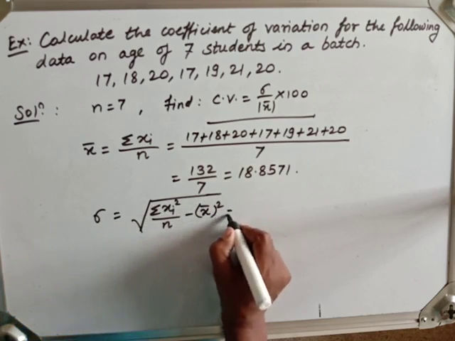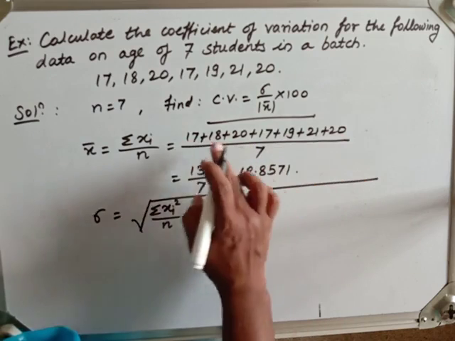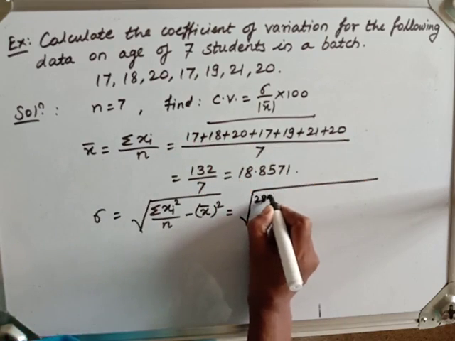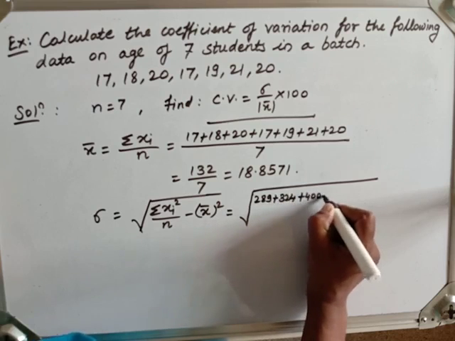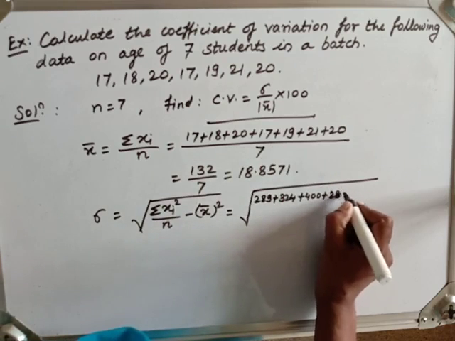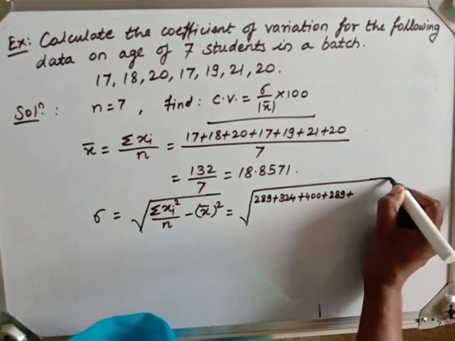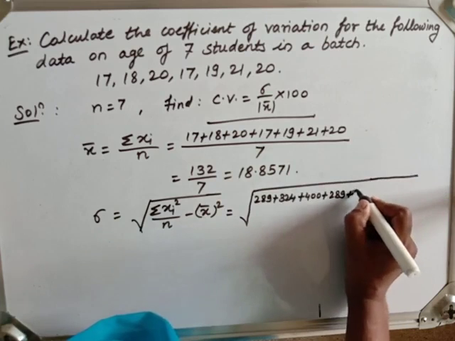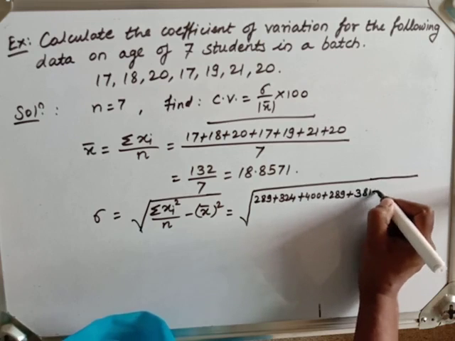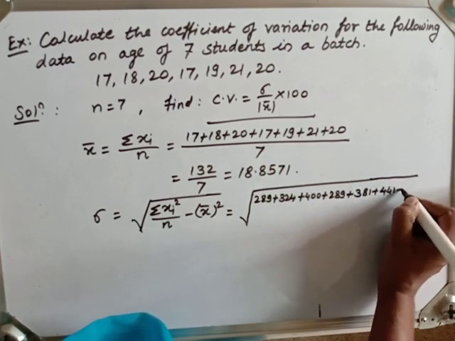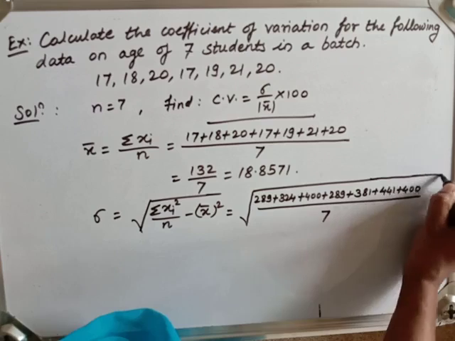So summation xi square means the sum of squares of these: 17 square is 289, plus 18 square is 324, plus 400, plus 289, plus 19 square is 361, plus 441, plus 400.